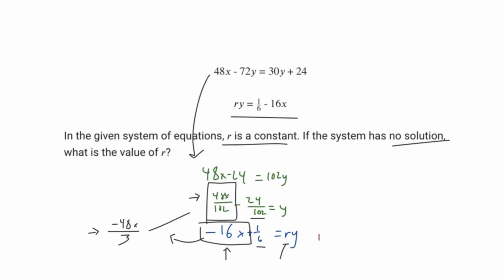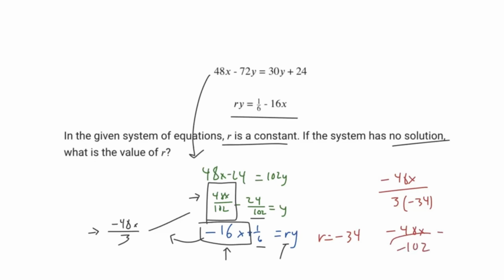If we set r equal to negative 34, let's see what happens. So we get negative 48x divided by 3. So we're going to divide everything by negative 34. And that's the same thing as multiplying the denominator here by negative 34. So we'll get negative 48x over 3 times negative 34 is negative 102.